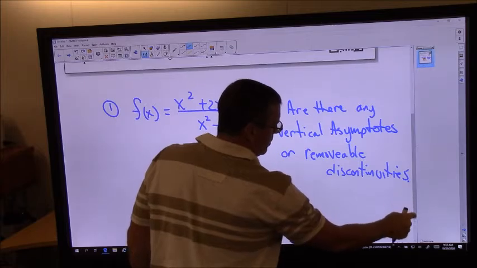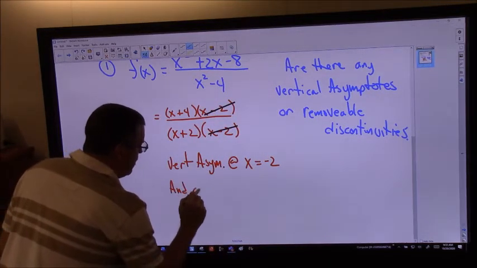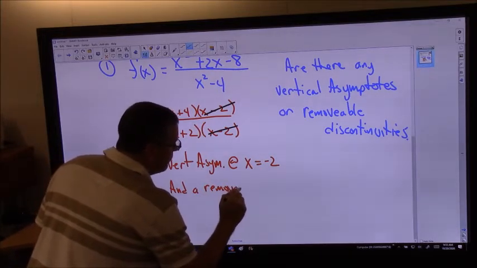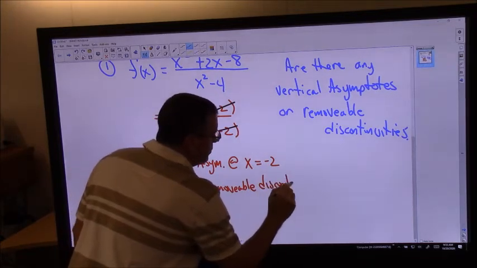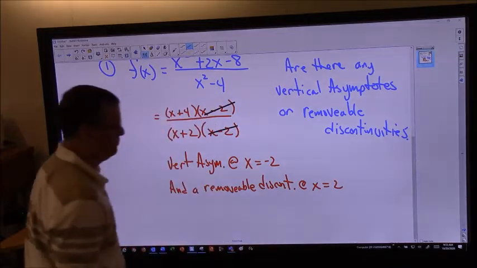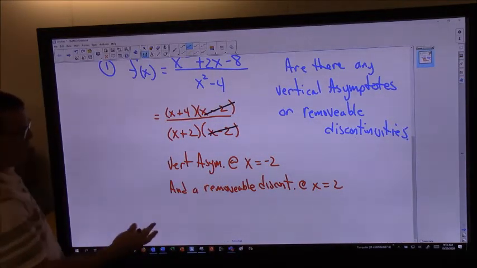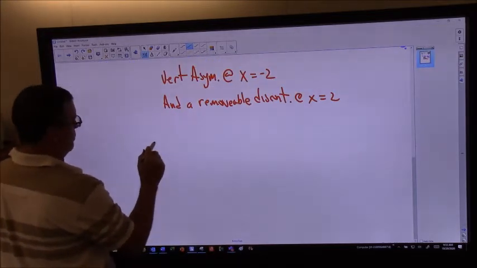And a removable discontinuity at x equals 2. So how do we remove this? Well, we would say this.